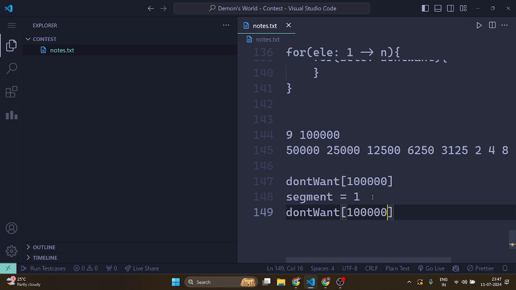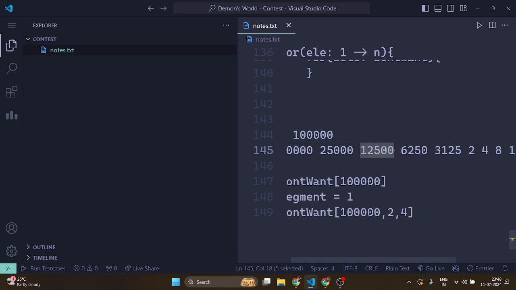So I'll add 2 to my don't want list. Can I include 25,000 in my segment? Yes, but after including that, I don't want 4, because 25,000 into 4 will be 1 lakh. Can I insert 12,500? Yes, but after that I don't want any 8. So this is basically my approach.